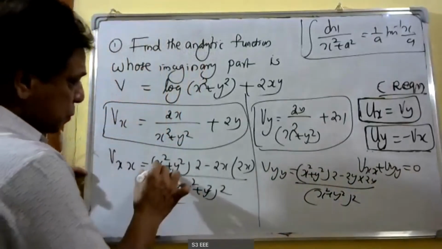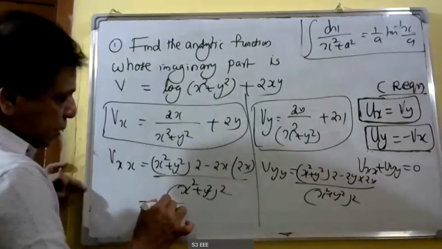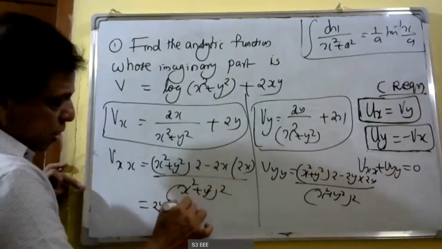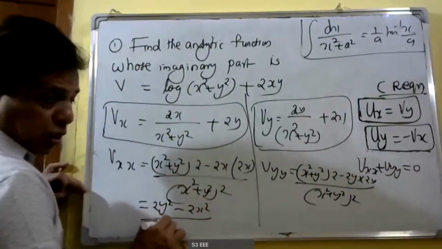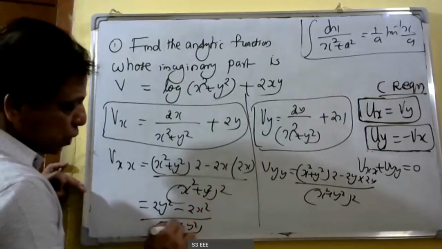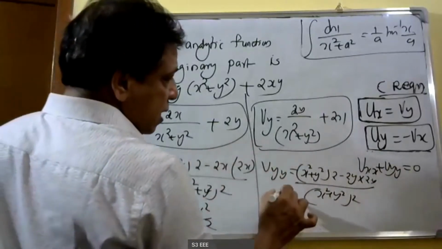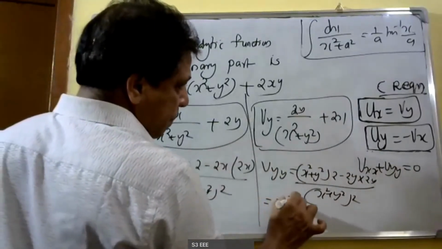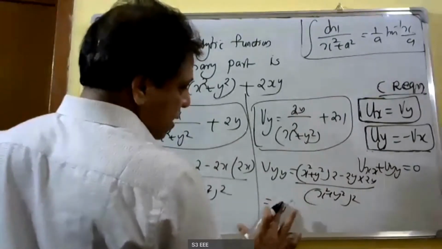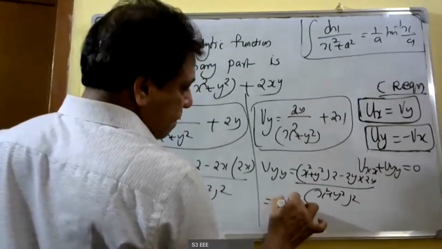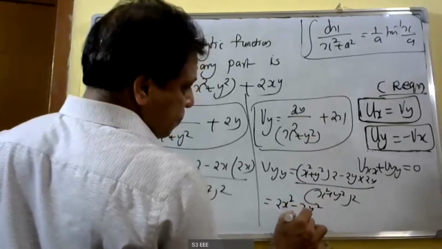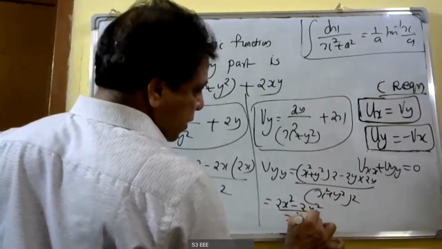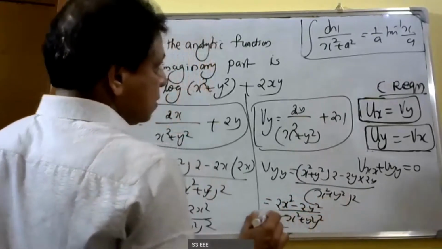That is, this is equal to (2y² − 2x²)/(x² + y²)², and here (2x² − 2y²)/(x² + y²)².